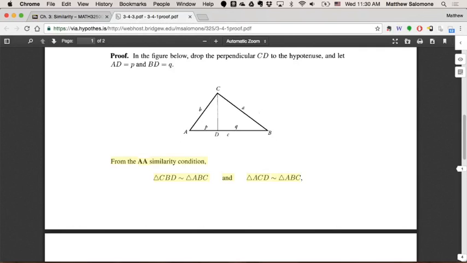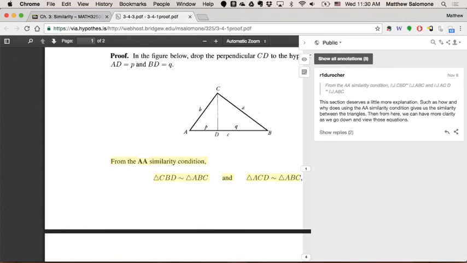So what you focused in on, Raquel is saying that we'd like some more explanation on the AA similarity condition.